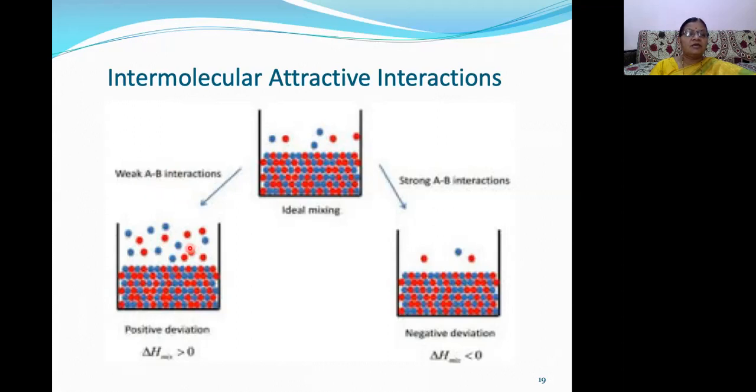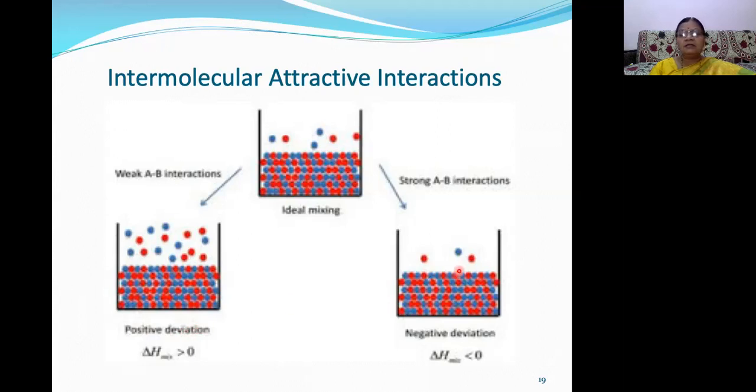So this solution has higher vapor pressure in comparison with the vapor pressure of pure component, and such non-ideal solutions exhibit positive deviation from Raoult's law.